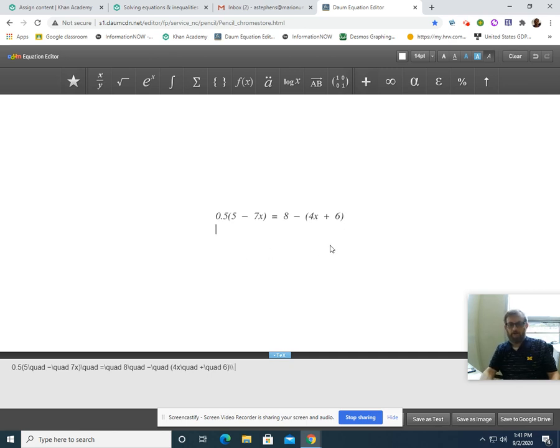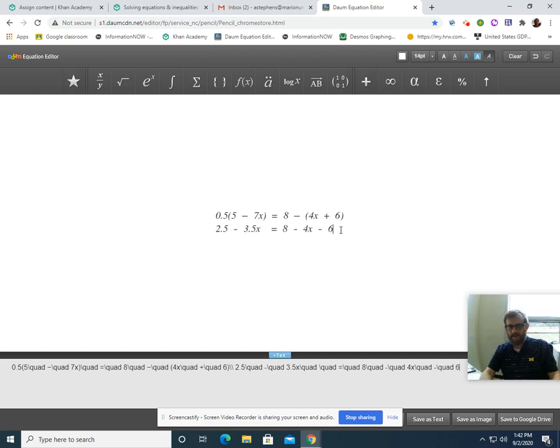So when I take 0.5 times 5, I get 2.5. Then I'm going to have minus, and then 0.5 times 7 is 3.5x. And that's going to equal 8. And then here, there's an understood 1 right here. No one ever writes it, but there's a 1 right here. So I'm just distributing a negative 1. So I get negative 4x and then negative 6.